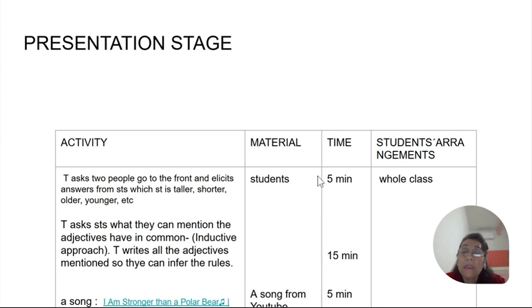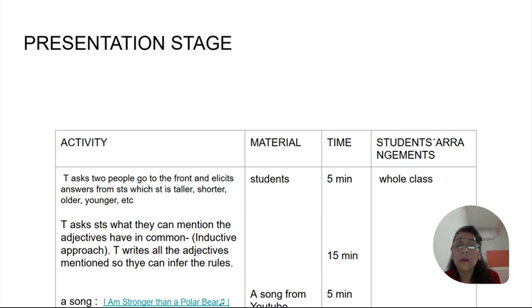Okay, so for the presentation stage, I'm going to ask two people to go to the front and elicit answers from the students with, for example, who is taller? I'm going to have two students in the front, probably two men or two women, and I'm going to say who is taller? Maybe one is taller than the other, obviously, so they can see.